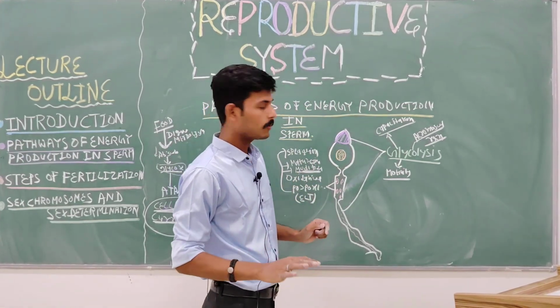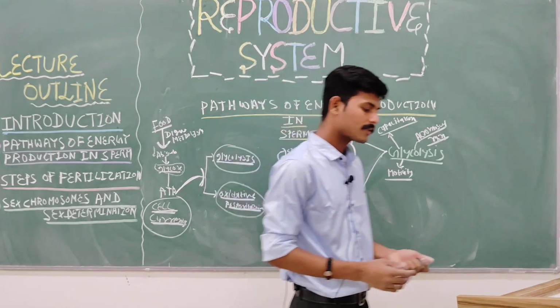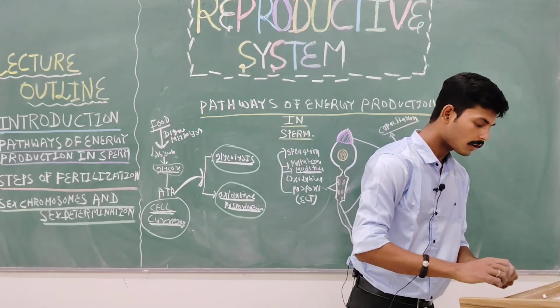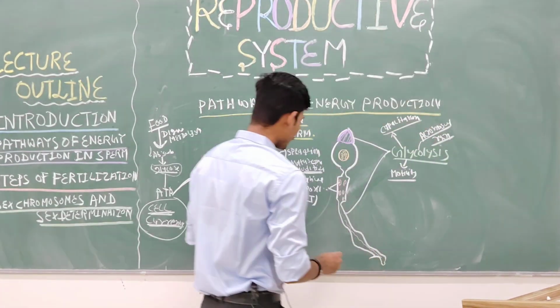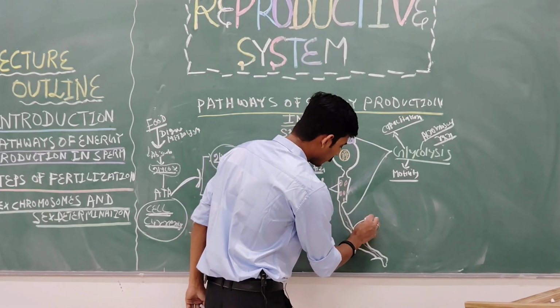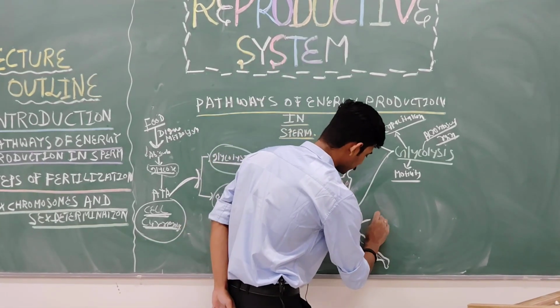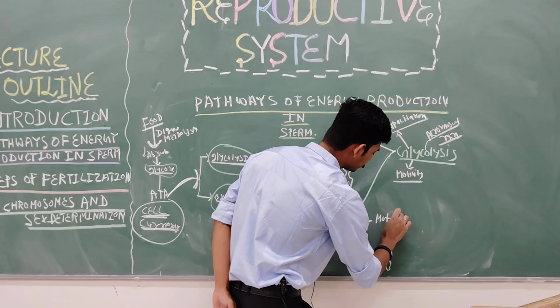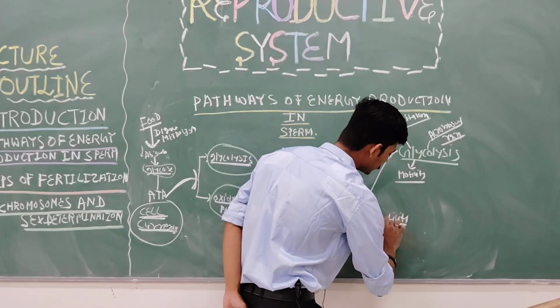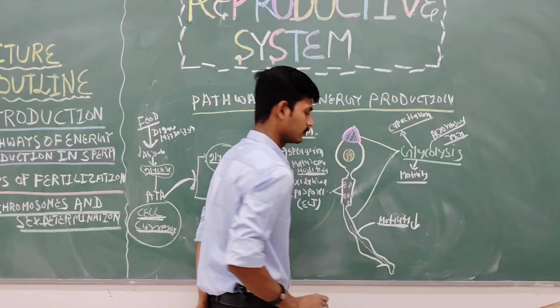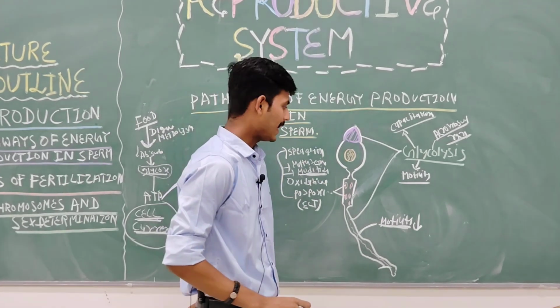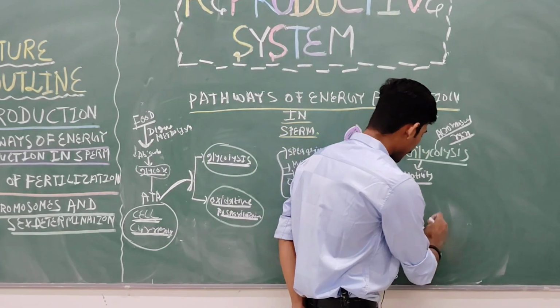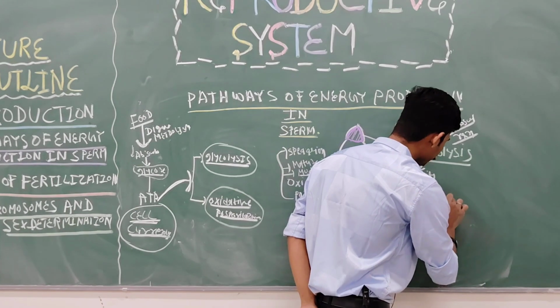Now, sometimes there is a reduced motility of the tail. The movement is down. Understood? And that is referred to as asthenozoospermia.